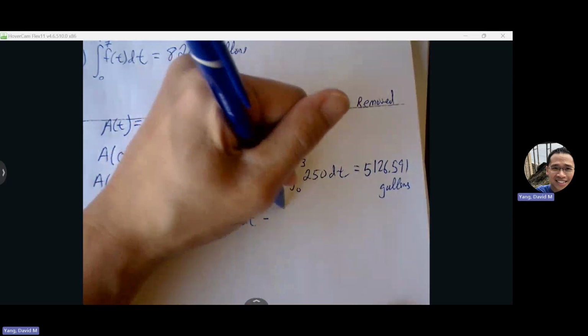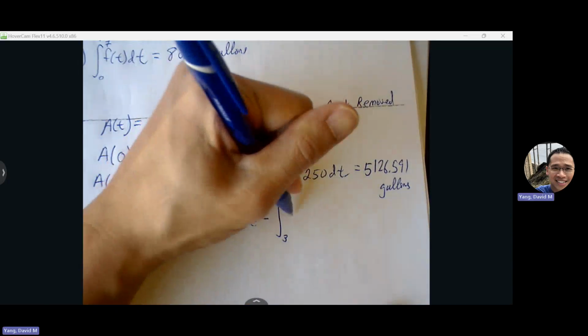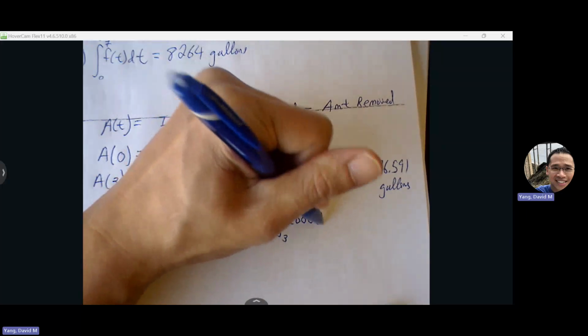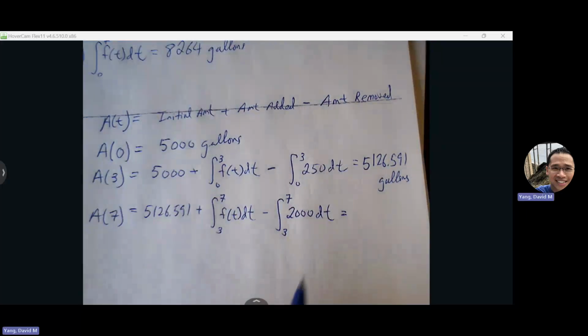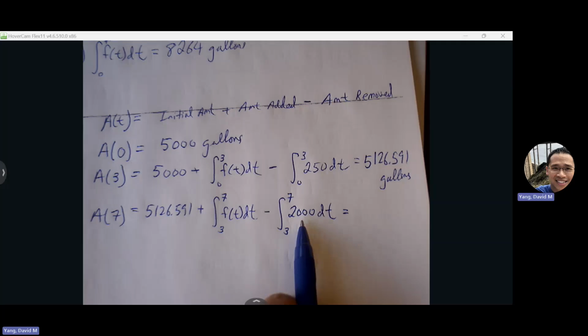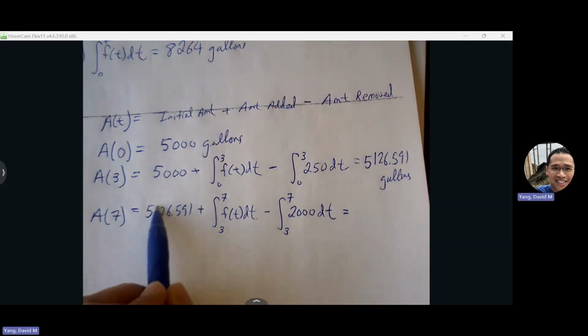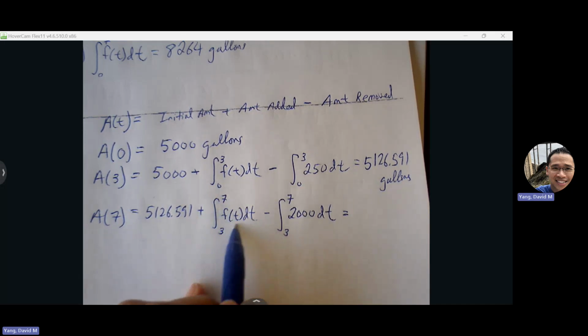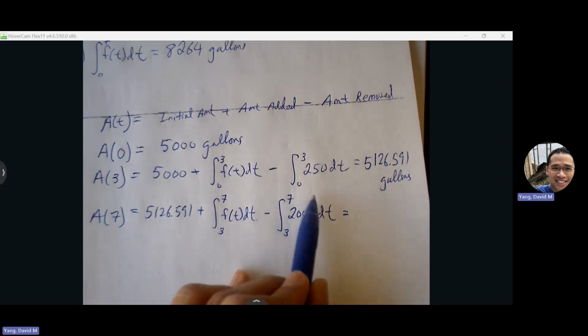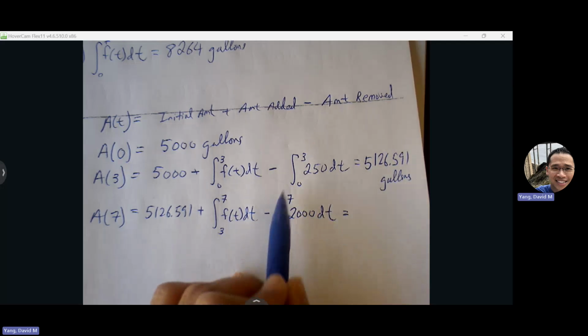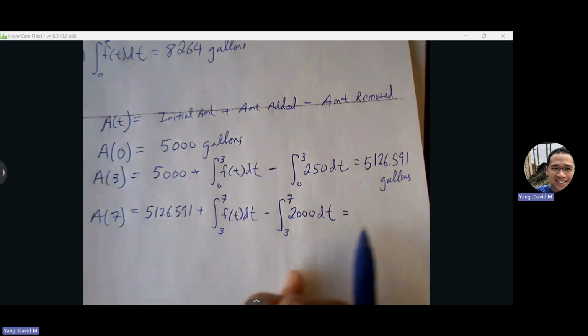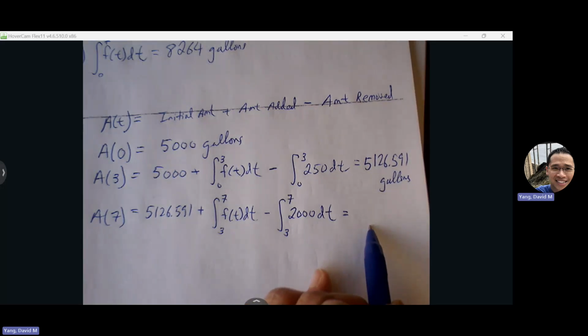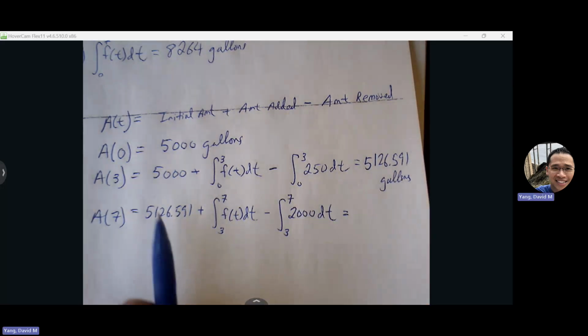So we're going to subtract out from hour 3 to hour 7 a different rate of water being let out. So we have this amount of water 3 hours in, and then this is the amount of water that's been added between hour 3 and hour 7, and this is the amount of water that's been removed between hour 3 and hour 7. If we total that together, we're going to get how much water is in the tank 7 hours in. Okay, so use your calculator.